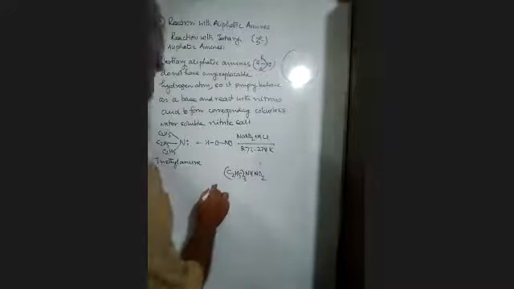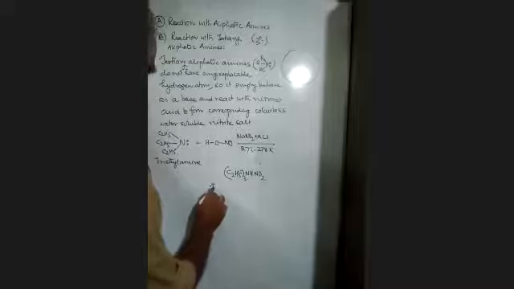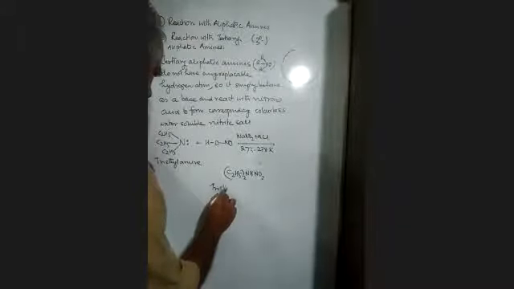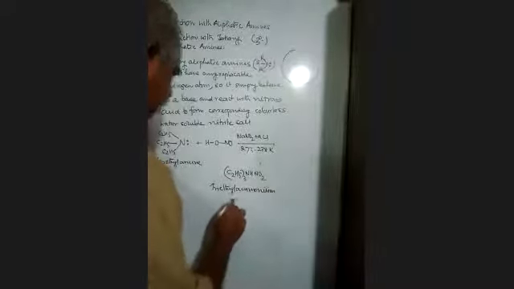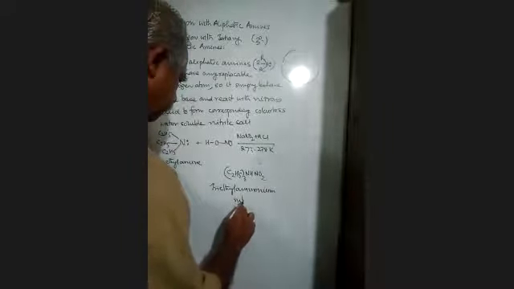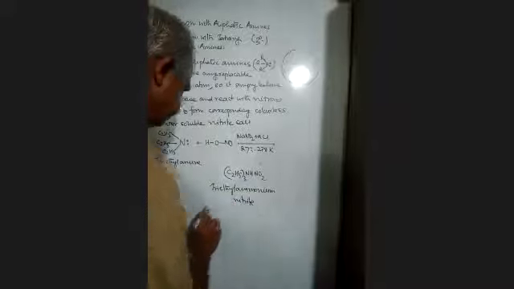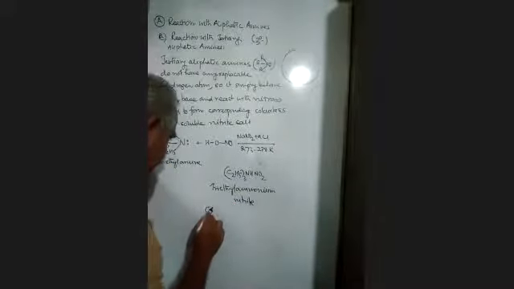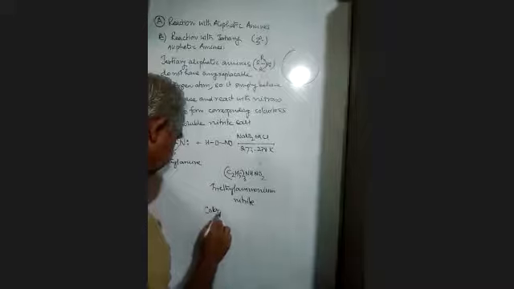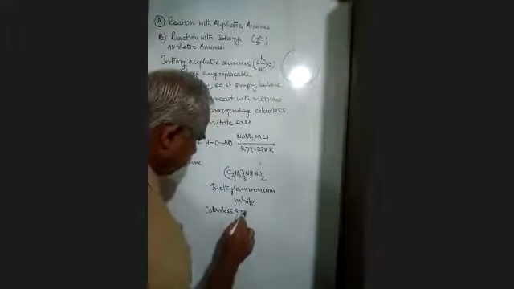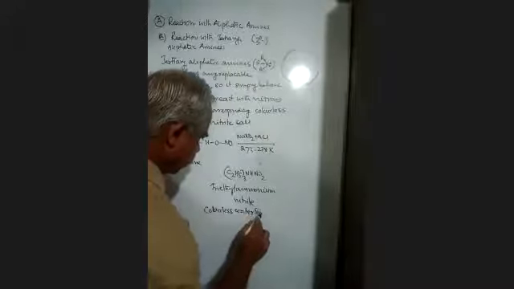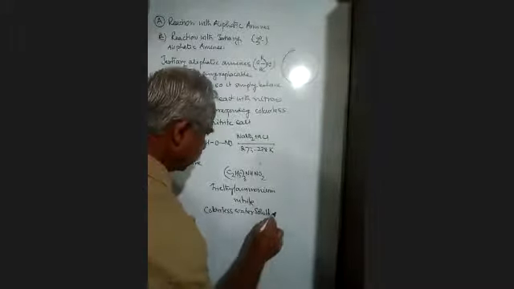So what would be the name? We call it triethylammonium nitrite. What will we write down here? Colorless water soluble salt.